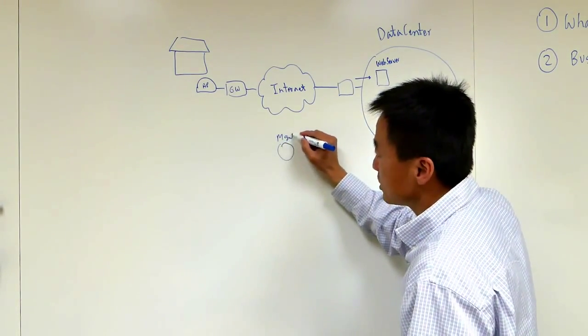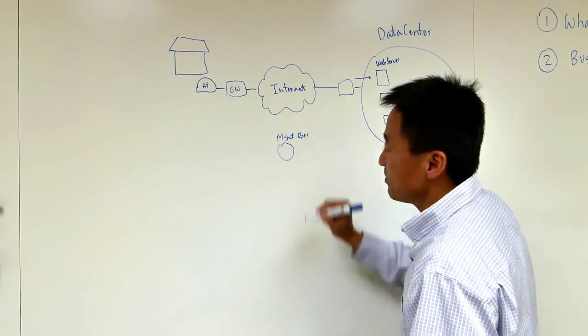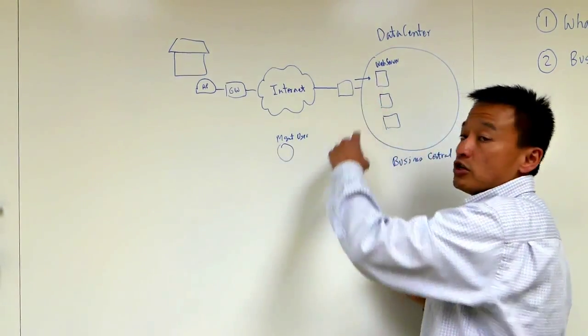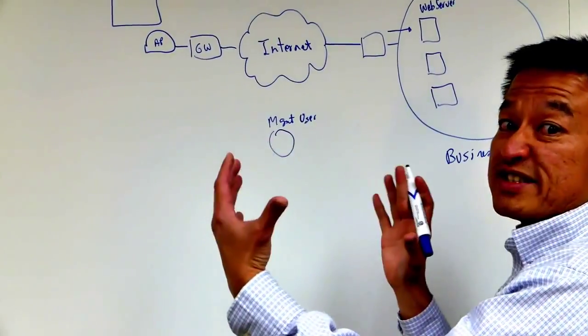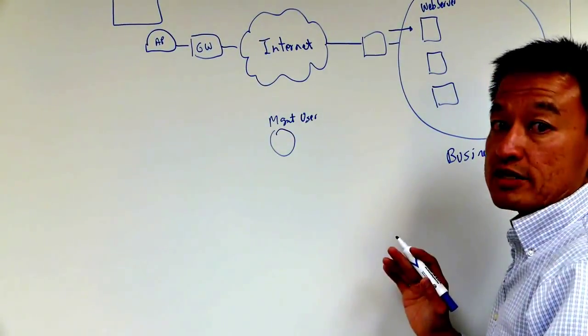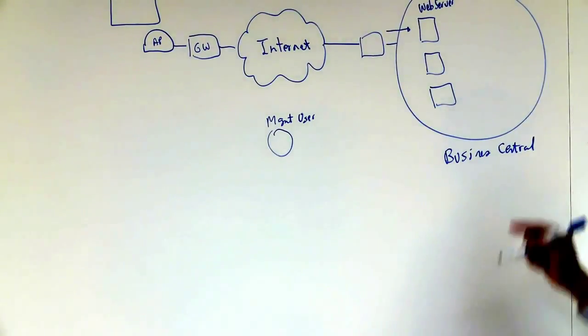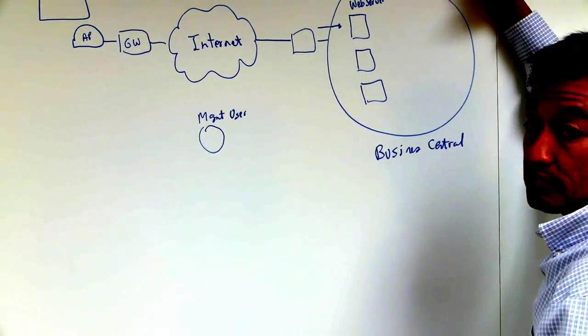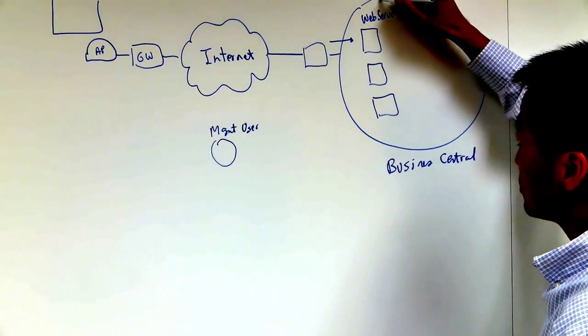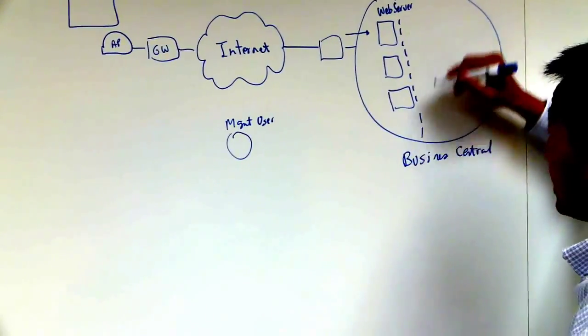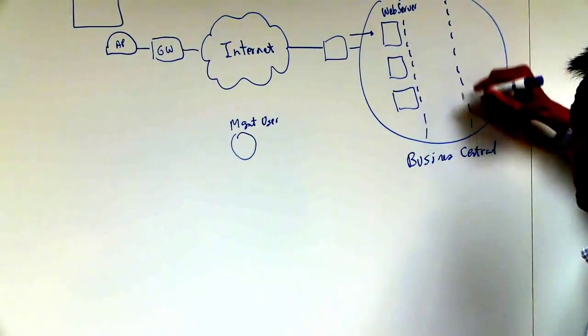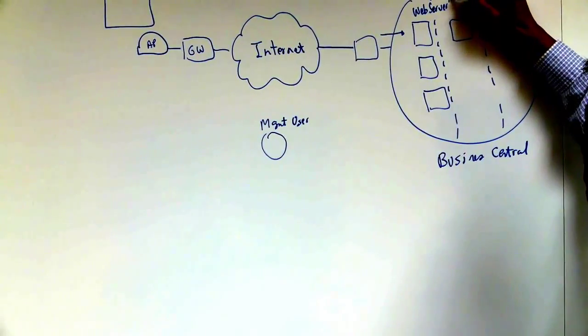I won't go into detail for now, but the concept for management users is that the person logs in to Business Central to configure different access points. Could be your home, could be your coffee shop in different locations. So the first tier of Business Central is a web server tier. And the second tier we have is the application server.